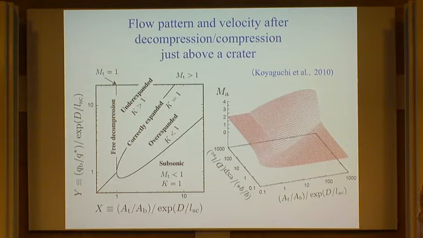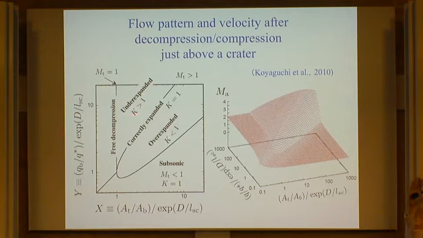As the ratio of cross-sectional area increases, the flow is choked at the base of the crater, but the flow is still under-expanded, so the exit pressure is greater than atmospheric pressure.